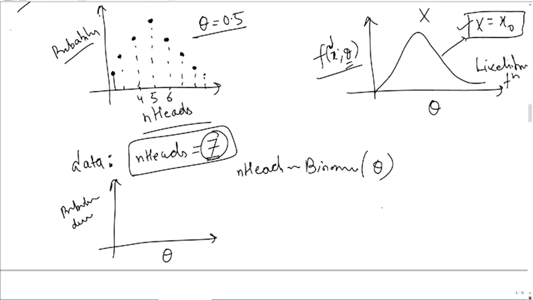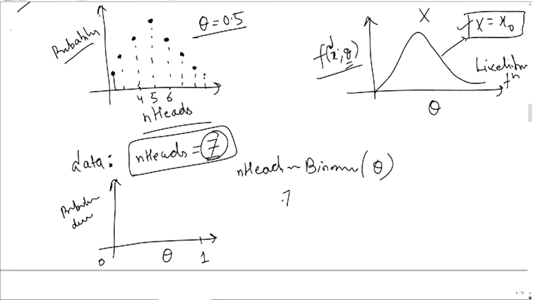Okay. How would I do this? What could be possible values of theta? Between 0 and 1, right. Theta could be anywhere between 0 and 1 because this is the underlying probability of heads in a particular trial. Okay. Now, data is known, which is 7.